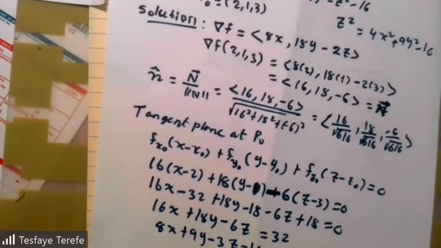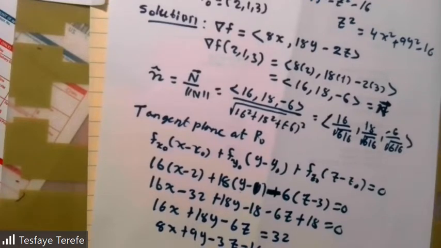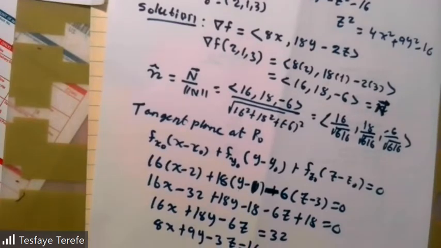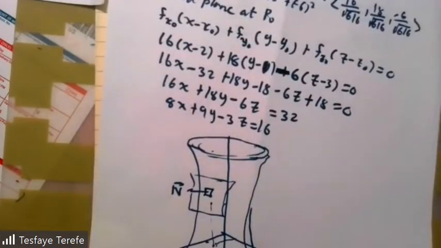Let's say you are coming on the x direction 2, the y direction 1, and the z direction 3. This is the normal, and by normalizing you can also get the unit normal. The tangent plane you create will be tangent to the surface in that neighborhood. So that is what we need to do.